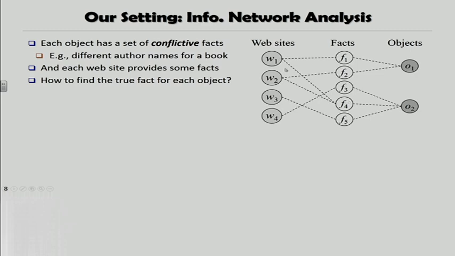It simply says the website W1 says the book O1, the author is F1. But W2 said it's F2. Okay. That means they have conflicting, at least inconsistent claims. Okay. The problem is if you have just two objects, you have 5 different claims. Okay. Definitely for each object, likely only one will be the right one. The problem is if you watch this graph for several minutes, can you figure out which piece is right?